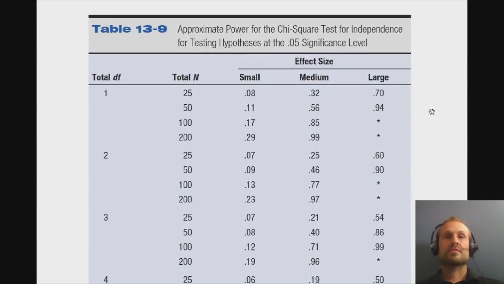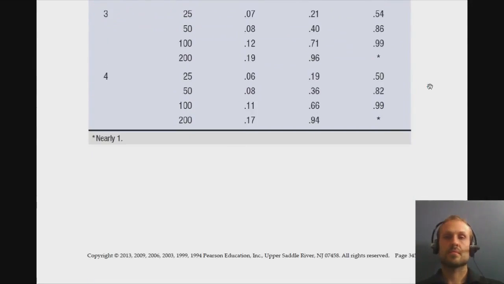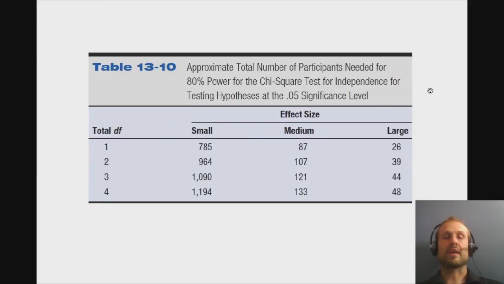I also have the other table where, depending on the effect size and the sample and degrees of freedom, I can approximate the power of the study to give me an idea of a type 2 error, same as before. And lastly, I have another table that's sometimes useful, that's sort of the reverse, to get a power of 80% at 5% alpha.